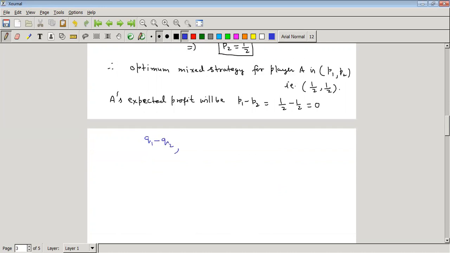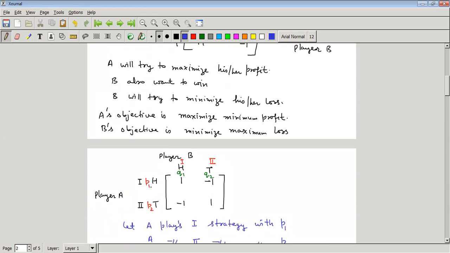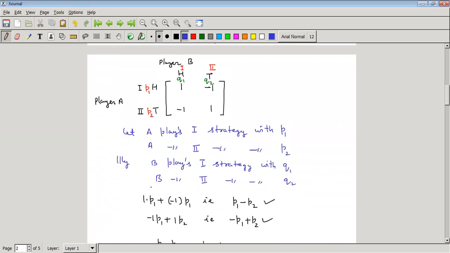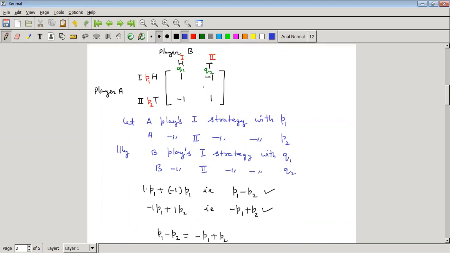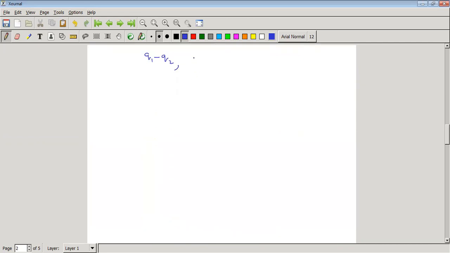And if player A fixes the second strategy, then B's loss will be minus 1 into Q1 plus 1 into Q2, so minus Q1 plus Q2. So we equate them. This implies Q1 minus Q2 is equal to minus Q1 plus Q2. And after solving, again we get Q1 is equal to 1/2 is equal to Q2.